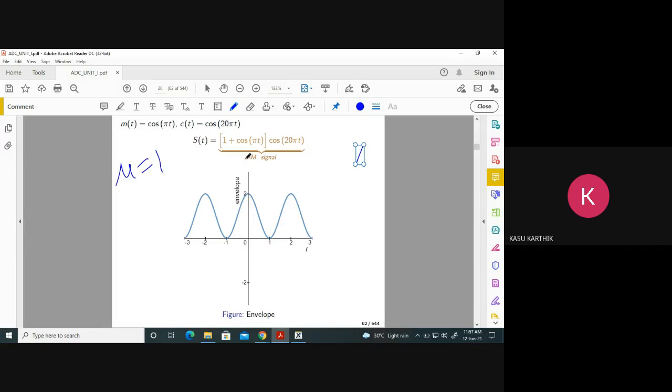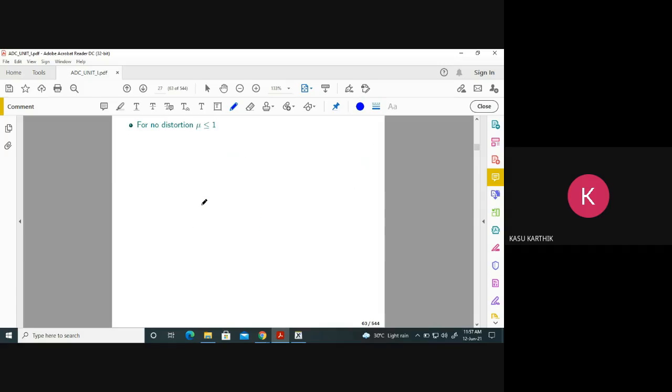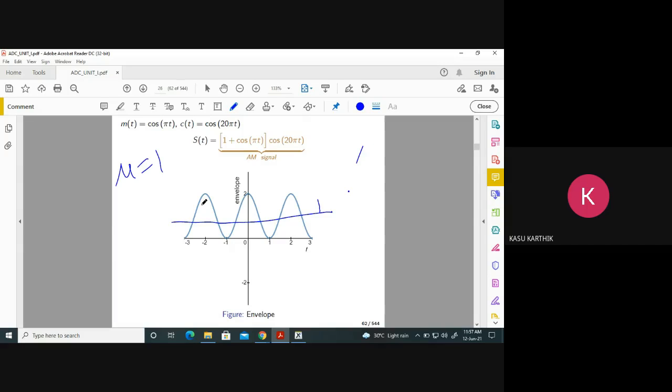Then what happens? 1 plus cos pi t into cos 20 pi t. So obviously this is envelope. It is always positive. It could be 0, it could be 2, between 0 and 2. So this is the envelope. What has happened here? Your message signal is shifted by 1. This is a DC shift 1. Okay, so envelope is positive.